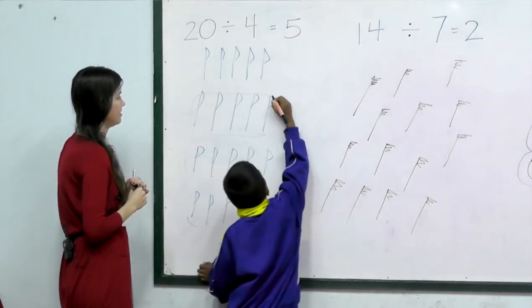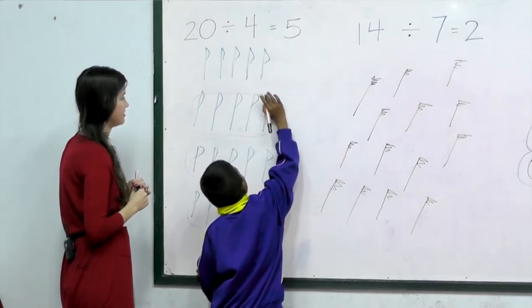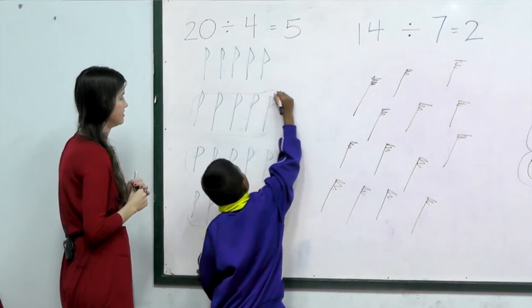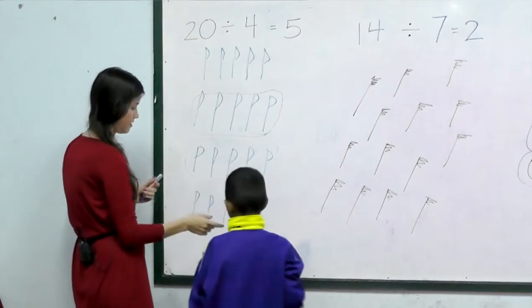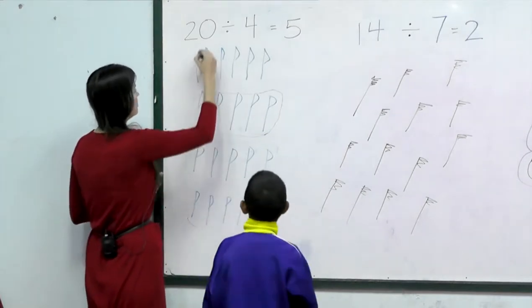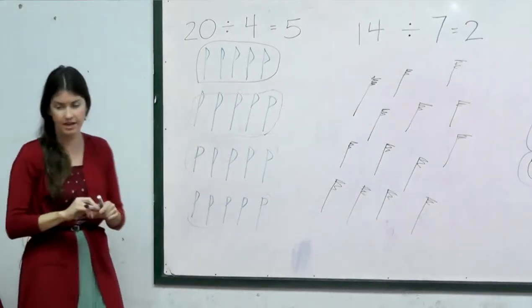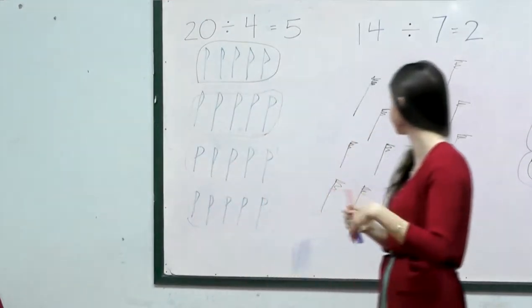All right. That's okay. 1, 2, 3, 4. Let me help you get the last one. Yeah, all right, we've got 4 groups, 5 knives. Okay, Pang Pang, come on up and help us out here.